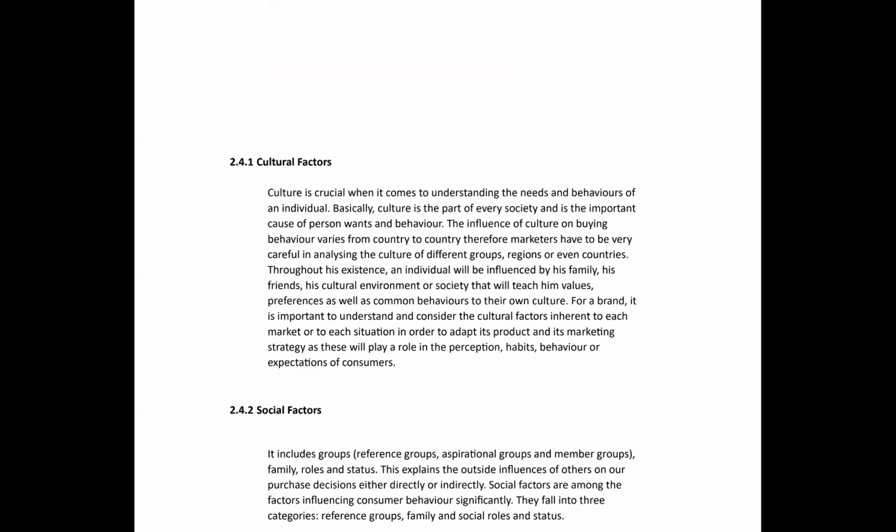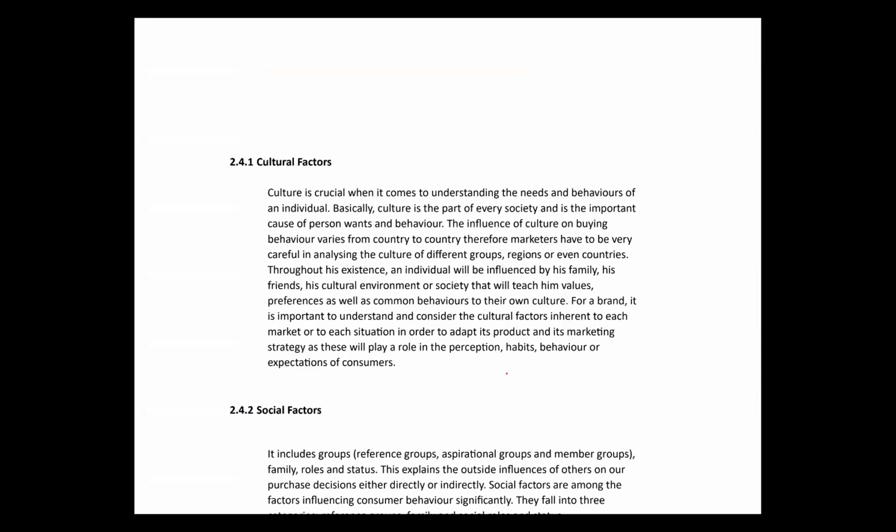The influence of culture on buying behavior usually differs from country to country. Therefore, marketers have to be very careful when it comes to the analysis of culture, because we have different cultures for different groups of people, different regions, different countries.